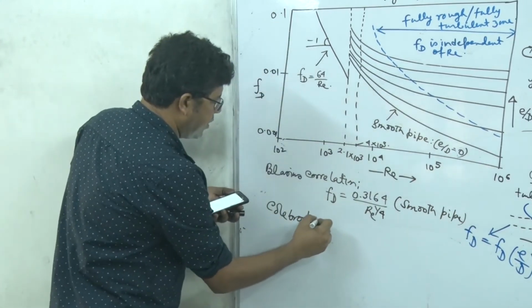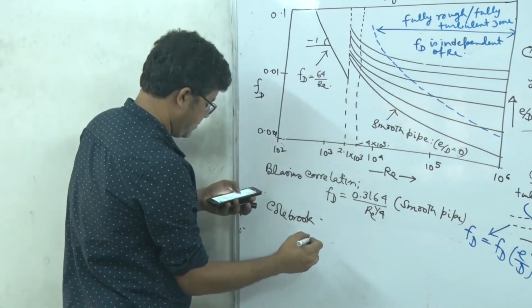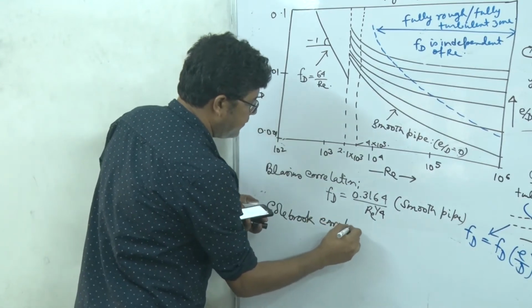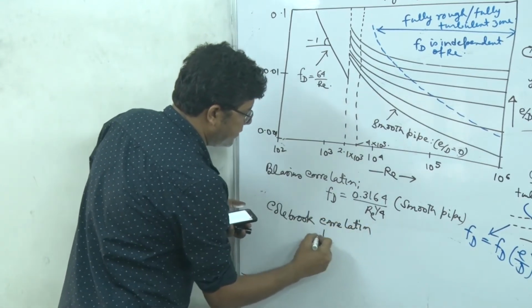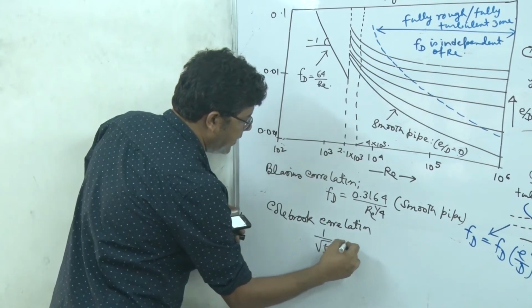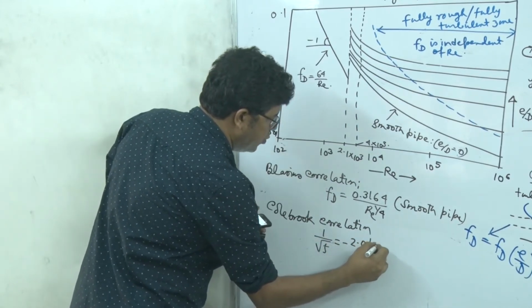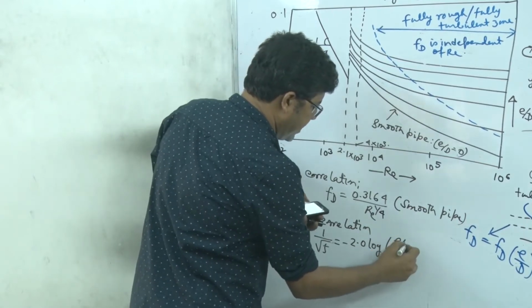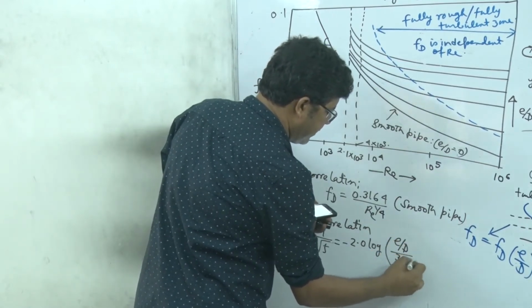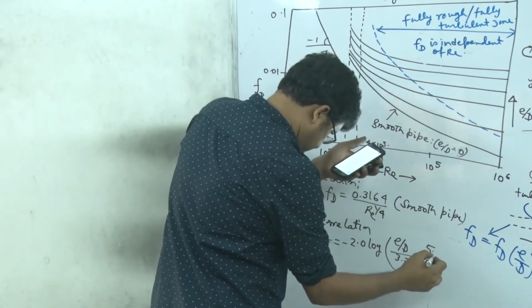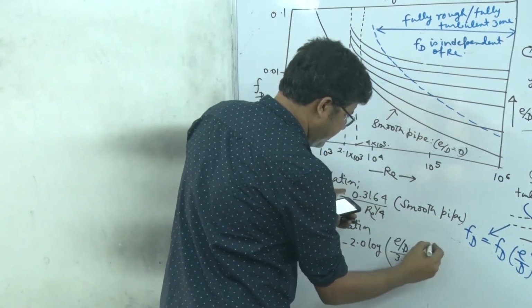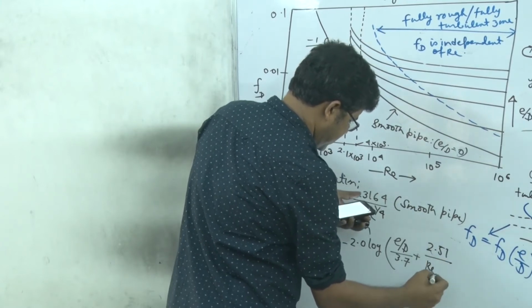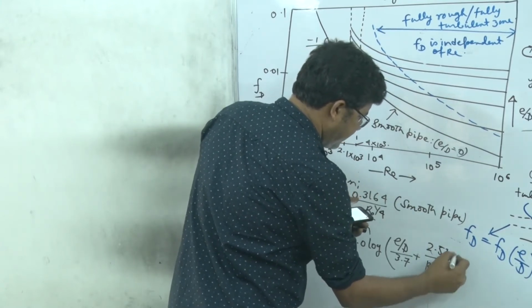For the Colebrook correlation, what it states is that 1 by under root of f is equal to minus 2 log of, there are some coefficients, E by d divided by 3.7 plus 2.51 divided by Re into under root of f.